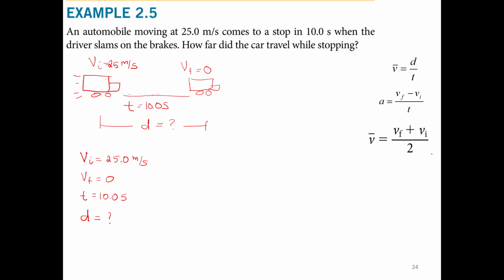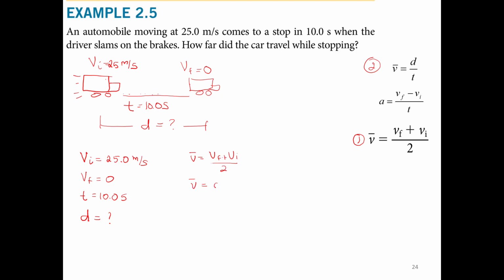To calculate the average velocity, first we will apply this equation. Yes, this is the first equation, and then we will apply this equation. Let's calculate the average velocity first. Divide by 2.